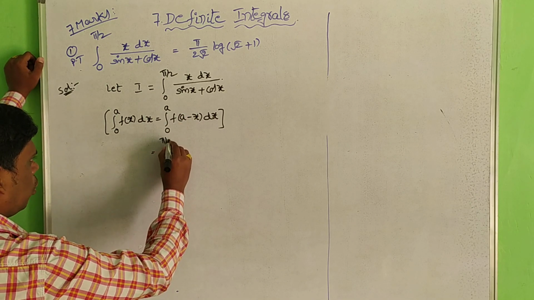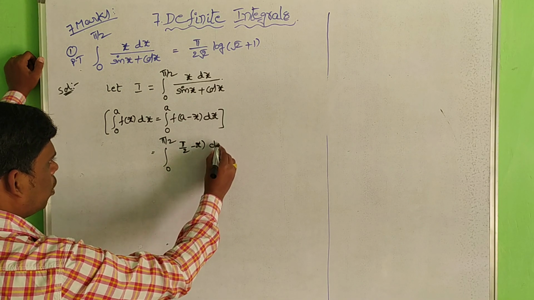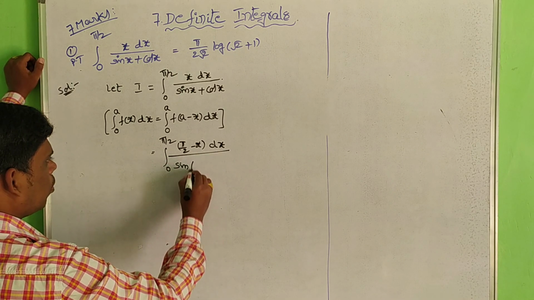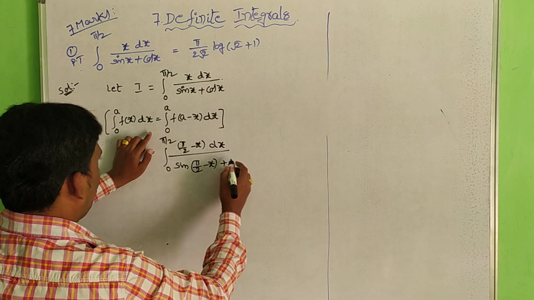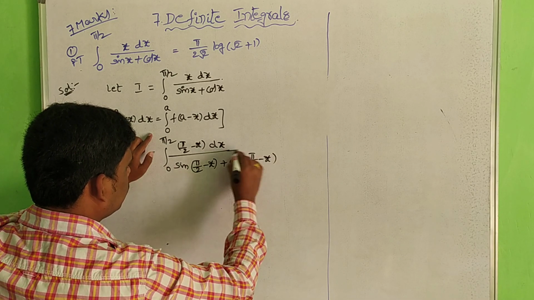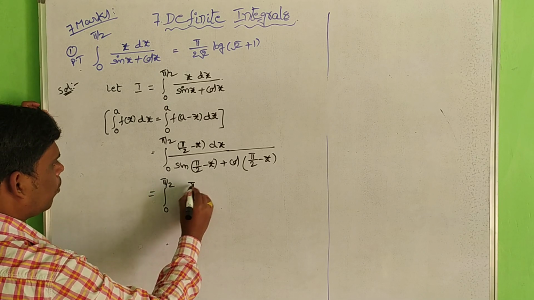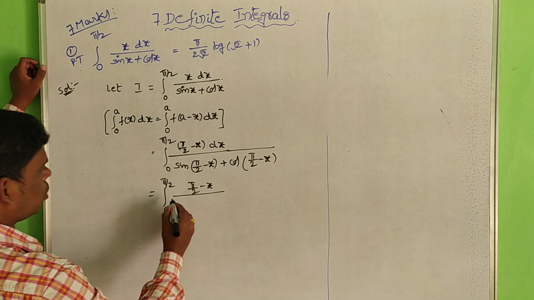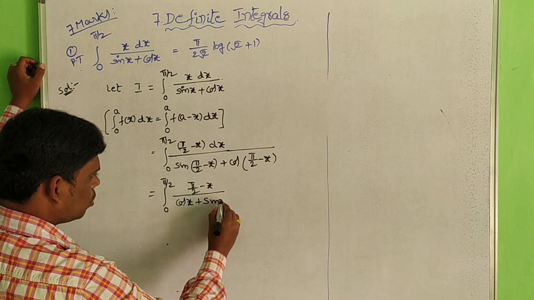So I = integral 0 to π/2 of (π/2 − x) dx/(sin(π/2 − x) + cos(π/2 − x)), where sin(90° − x) = cos x and cos(90° − x) = sin x.